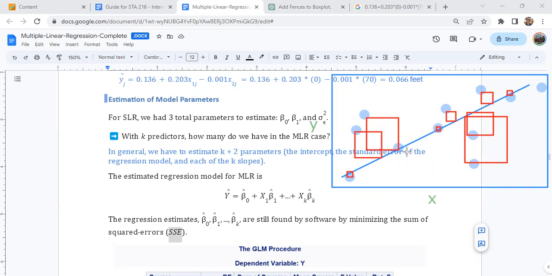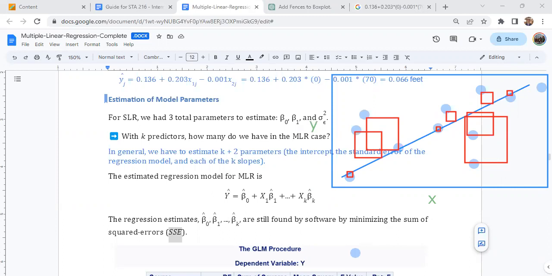This is another way to visualize why outliers or influential points are potentially problematic. Let's say we had a point way out here, and way down here.